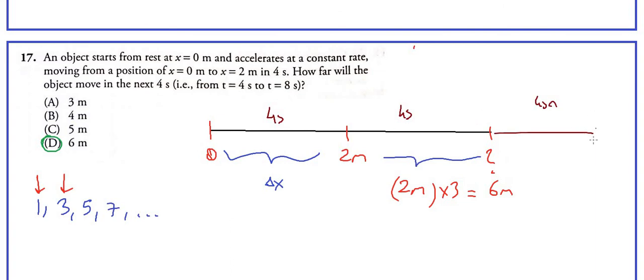If we had to go another 4 seconds, then the object would be 2 times 5, which is the next odd number that we are multiplying. So 2 times 1 is here, 2 times 3 is here, 2 times 5 is here, 2 times 7 is the next 4 seconds. Okay, this question is clear. Let's go to question number 18.